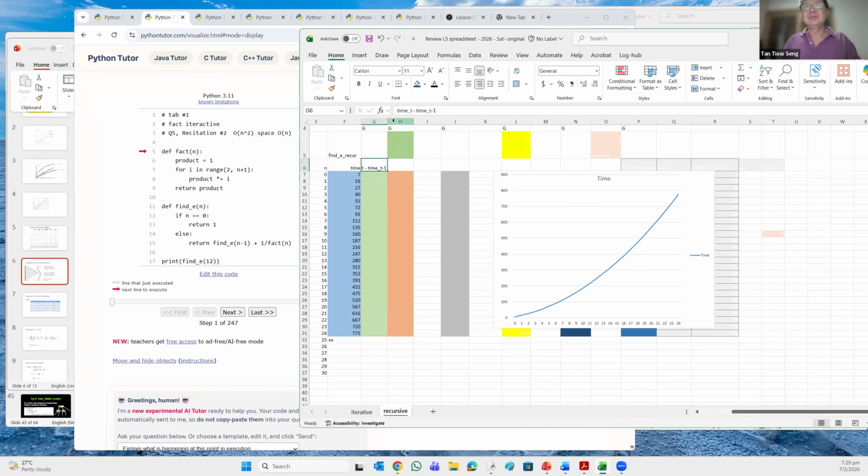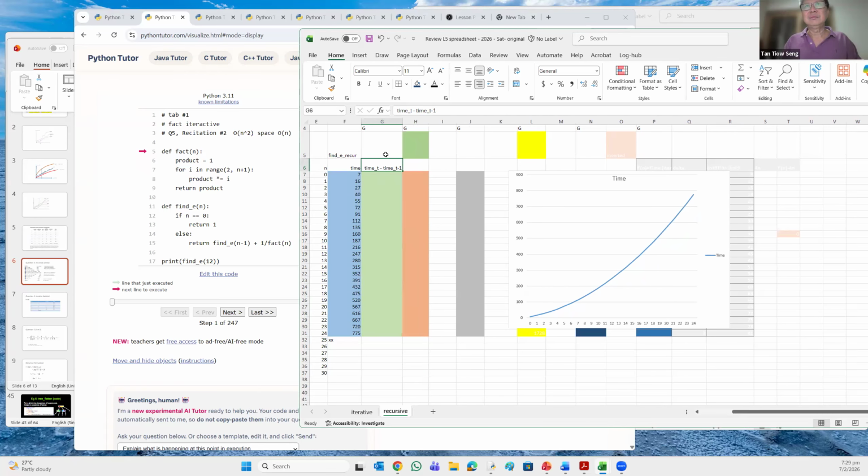So let's see. This is time t minus time t minus 1. Time t at n equal to 0, you got 7 steps. N equal to 1, you got 16 steps. So 16 minus 7, you got 9 steps. 27 minus 16, it's 11 steps.